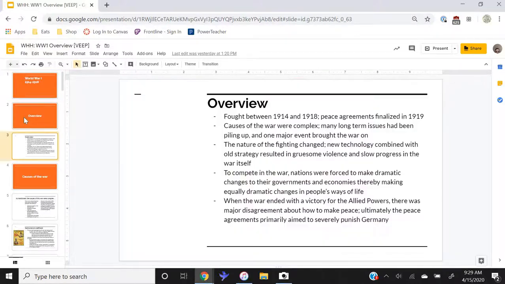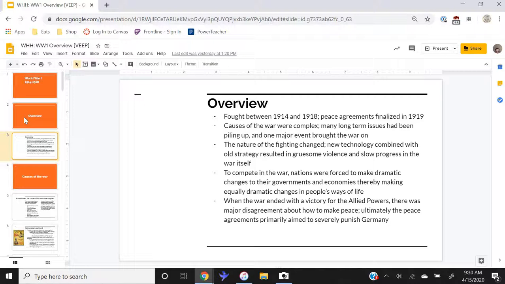As an overview, this sums up what each of the 4 sections are going to be about. World War I was fought between 1914 and 1918, with the peace agreements being finalized in 1919. The fighting stopped on November 11th, 1918, so that didn't leave a whole lot of time for the peace agreements to get settled. So they got settled in 1919, and I think one of them in 1920.